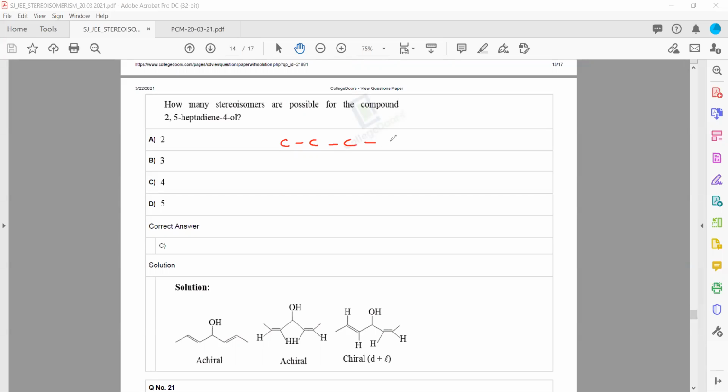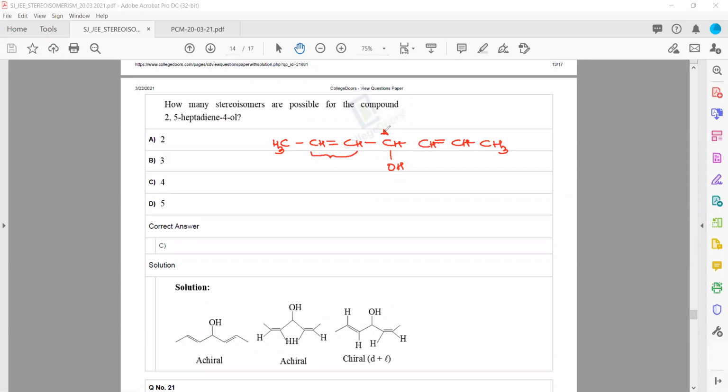How will you draw it? There will be 7 carbon atoms, a double bond at 2 and 3, and at 5 and the 4 will have the OH. H, H, H, H, and CH2. This is the structure. Is this a geometric center? Yes.